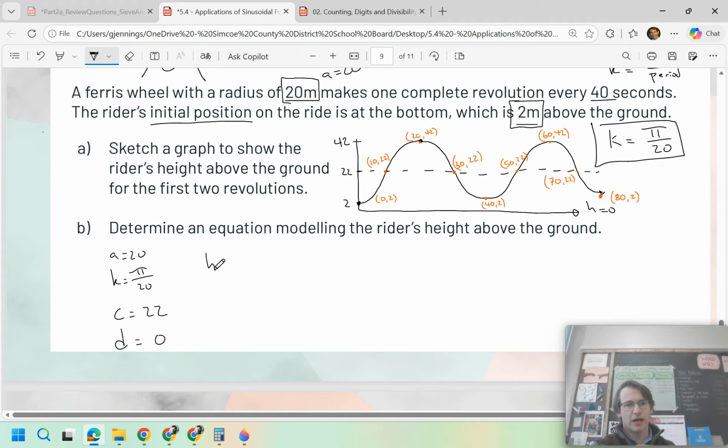So we have height of t is equal to negative 20 cosine of pi on 20 multiplied by t, not x, t, plus 22. And then, to be honest, I hate the way I wrote that down because some of you punch it that way on your calculator.